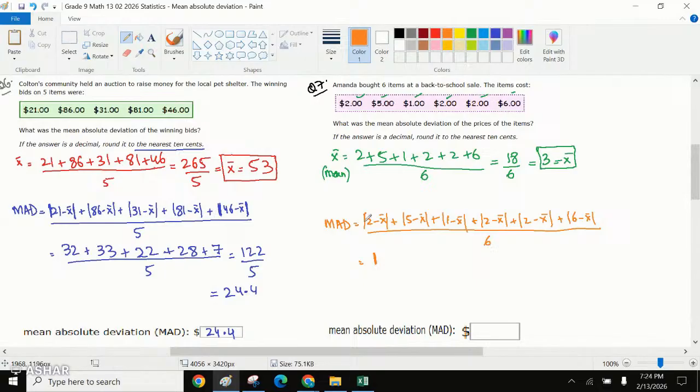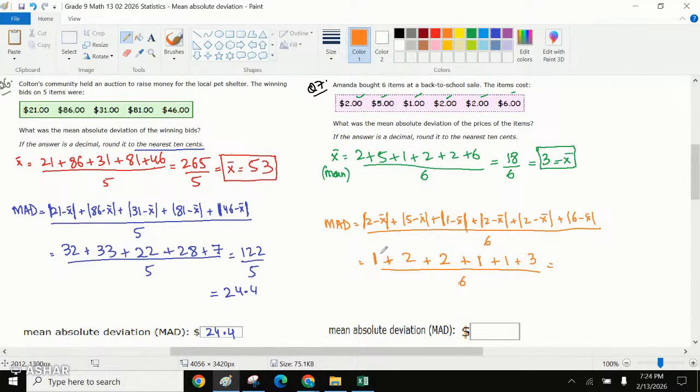It becomes 1 because there is an absolute function or the modulus function. 5 minus 3 is 2. It stays positive. 1 minus 3 is negative 2. But because of the absolute function, it becomes positive 2. And 3 minus 2 would be negative 1. It becomes positive 1 because of the absolute. This is positive 1, and 6 minus 3 stays positive.